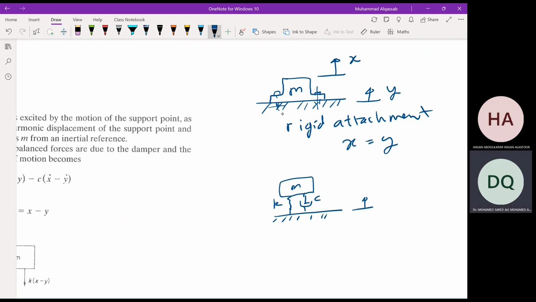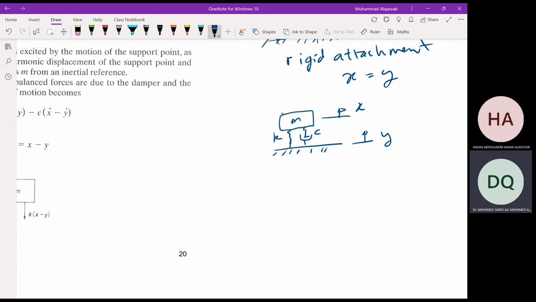Then if the ground is vibrating with Y, the mass will vibrate with X. X, depending on the values of K and C, might be less than Y, might be equal to Y, might be greater than Y. All three cases are possible. There is in fact a case where X equals Y. We will see how.